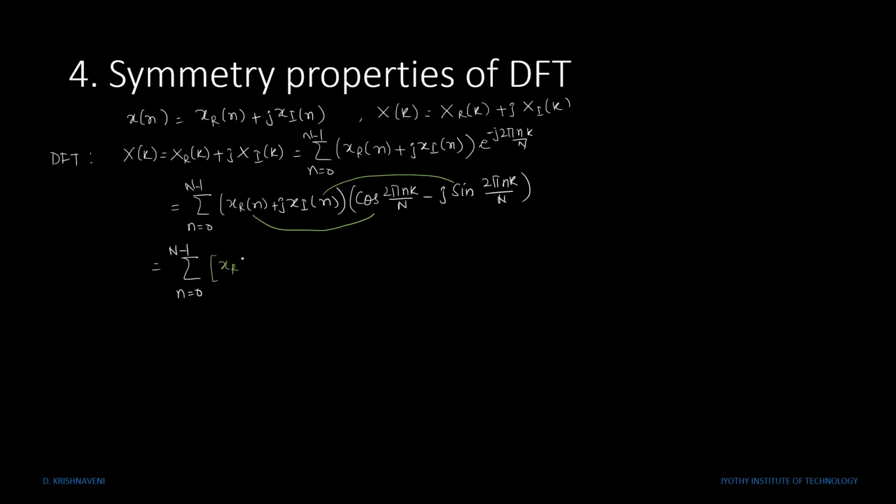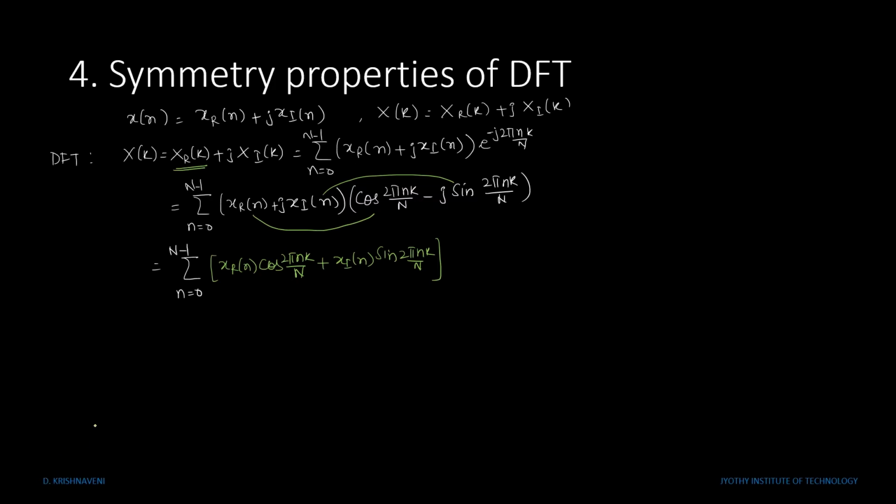So we'll get xr of n cos 2 pi nk by N; j into minus j, minus into minus is plus, so I'll get plus xi of n sin 2 pi nk by N. This is the real part of x of k. So this summation n equal to 0 to N minus 1 of the whole of this is xr of k.